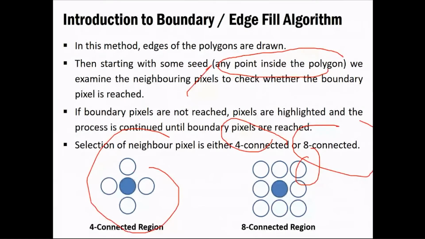If you go in only 4 directions, you won't search the diagonal neighbors, so it won't search as efficiently. You need something that can go in all directions, so people generally use the 8-connected region.